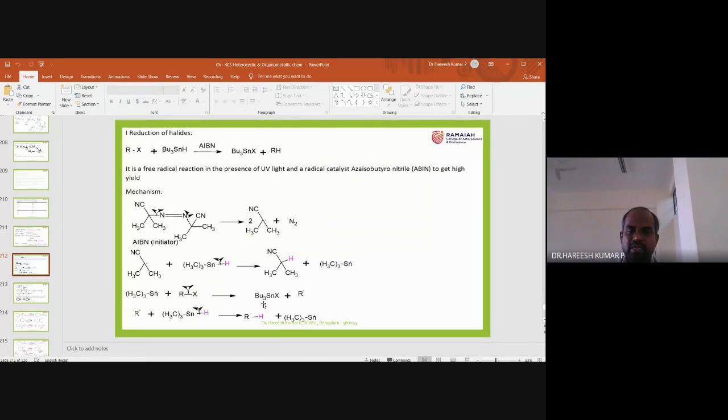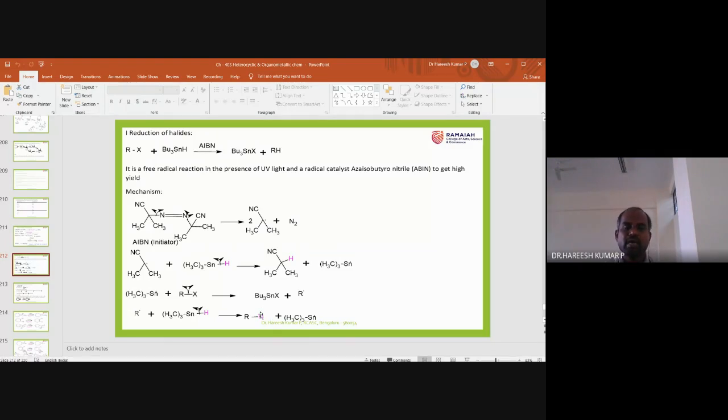So the tributyl tin halide is a neutral compound, whereas there is formation of a new free radical, the alkyl radical. This alkyl radical reacts with one more equivalent of tributyl tin hydride. Then R is converted into RH.